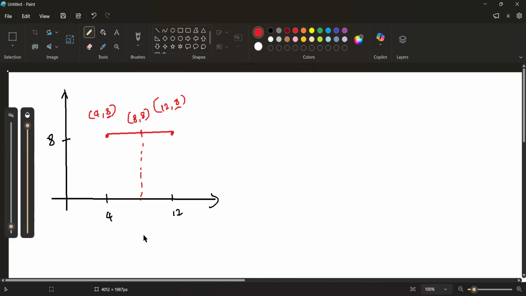So you have to add and divide by 2. So the midpoint, you can roughly draw and think it. It should be 8, 8. According to the drawing, you can see the middle point should be 8, 8. Clear?